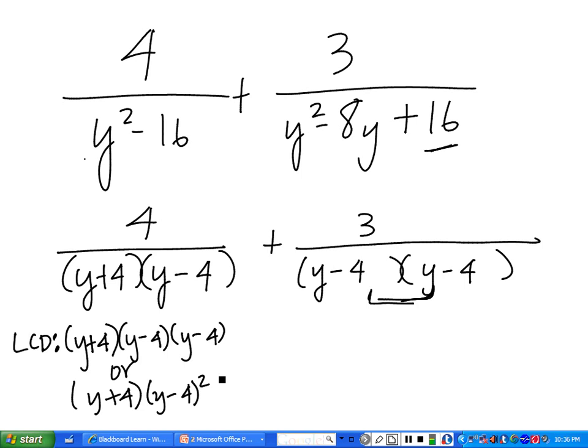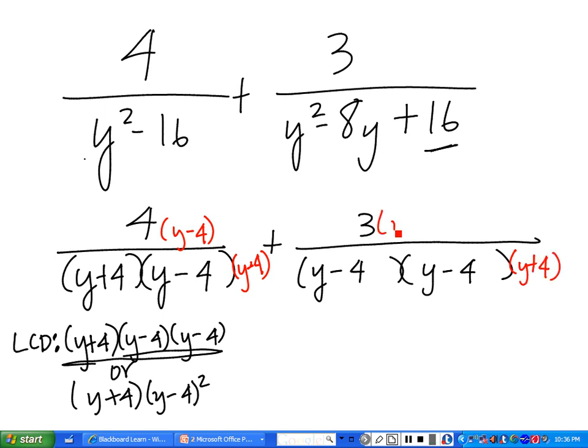Okay, so again, on the left side, if we look at the LCD here, what am I missing? I am missing another y minus 4, so we must multiply this side by another y minus 4. And on this side, I have the 2 y minus 4s, but I'm missing the y plus 4, so I need to multiply that side by y plus 4.